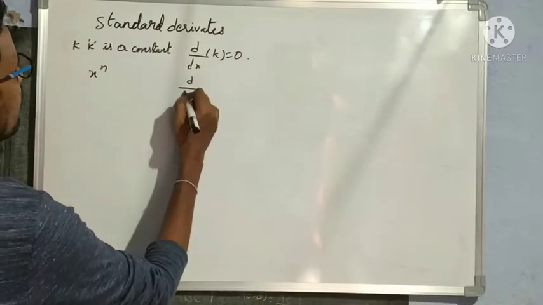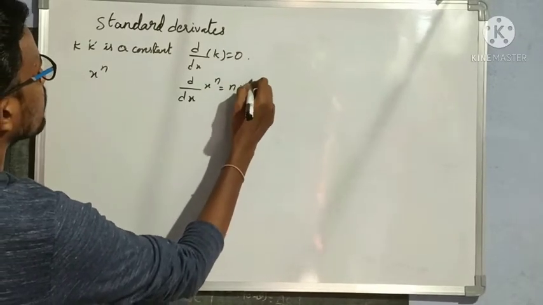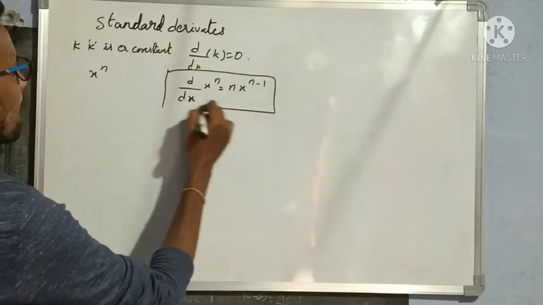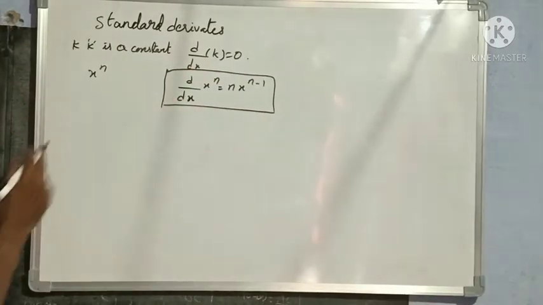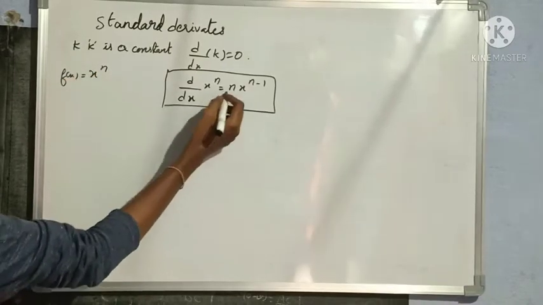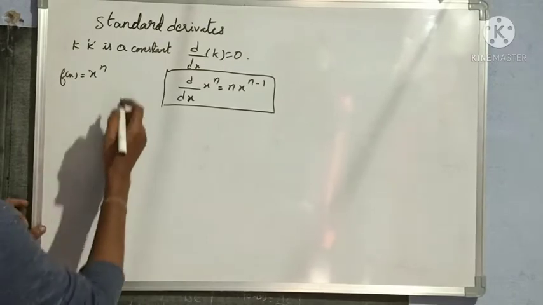D by dx of x power n is equal to n into x power n minus 1. Very important formula. Okay. If the function f of x is equal to x power n, then d by dx of x power n is equal to n into x power n minus 1.